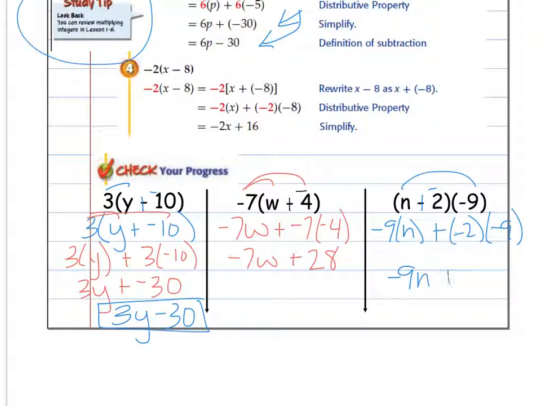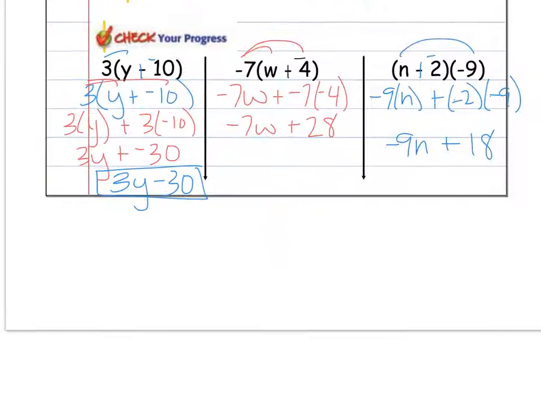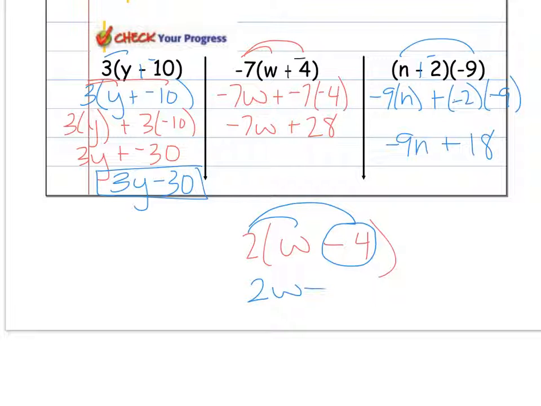Negative 9n plus 18. Had I not changed it, so for example, if I had negative 2w, let's make that positive 2, minus 4, I could still just distribute 2 times w is 2w, and then think about it as 2 times a negative 4, which is negative 8, and that kind of saves you some steps.